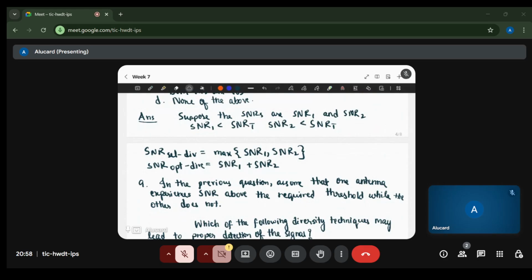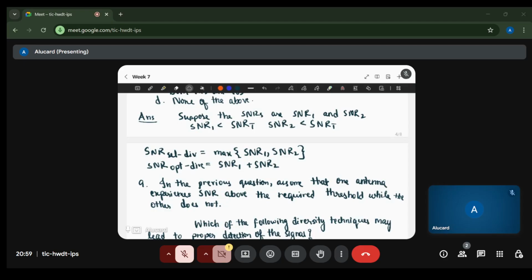In optimal diversity, you can get the SNR which is the sum of the SNRs. Since both SNR values are less than the threshold value, SNR of selection diversity will be less than the threshold value. SNR of optimal diversity might be greater or might be lower. So there is a possibility that it can detect the signal.